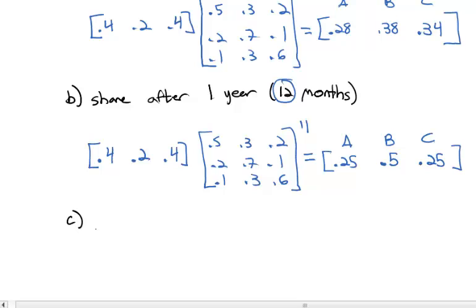And we can use this idea to find the long term market share.